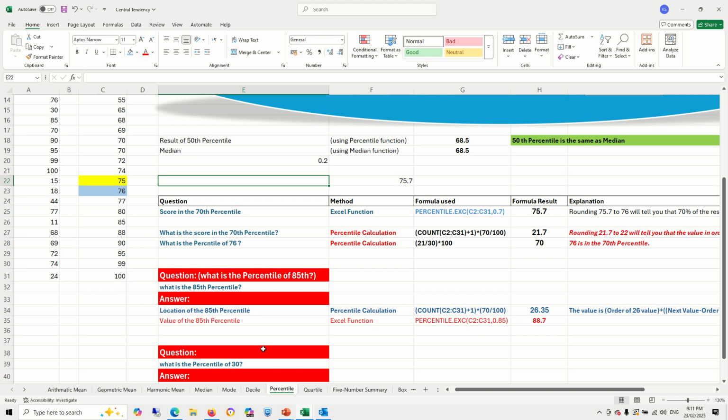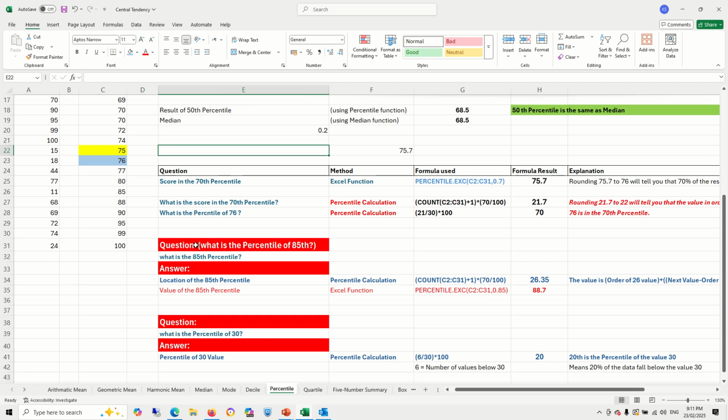So, okay, let us go to another example as a question. What is the percentile of 85th? Now, what is the location? Let us see the location using statistics, applying the location formula, which is the number of cells plus 1 multiplied by the required rank.